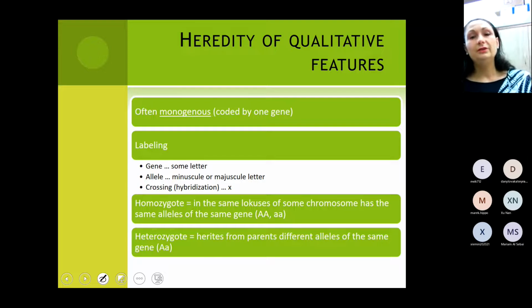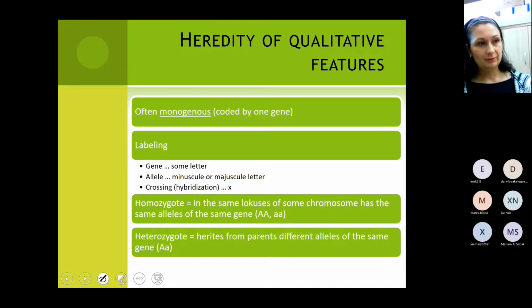Heredity of qualitative and quantitative features. So quality and quantity, we are getting a little bit back to the first slides which I mentioned. Quantity is more or less better understood than quality. So the quantity, how tall we are, is something which has very good support from our heredity.